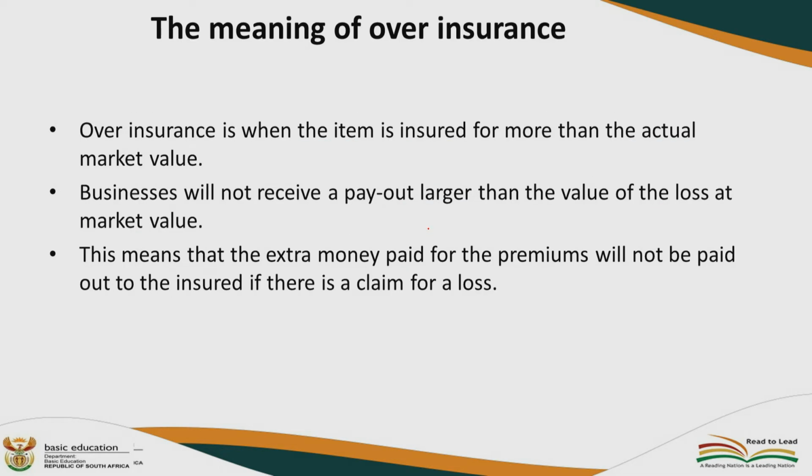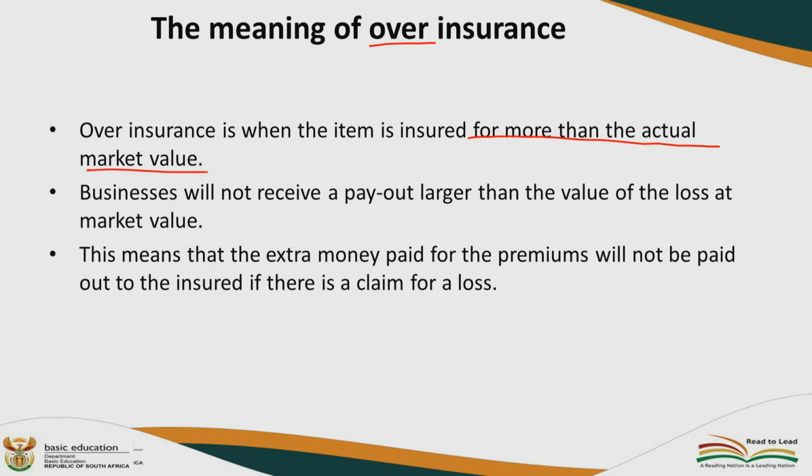Now let's look at the meaning of over insurance. What is over insurance? The word over means more. This is where an item is insured for more than the actual market value. Give an example.